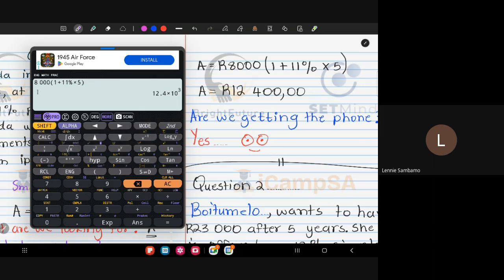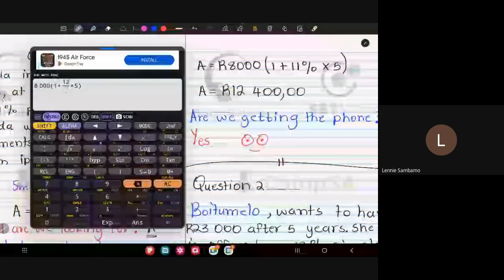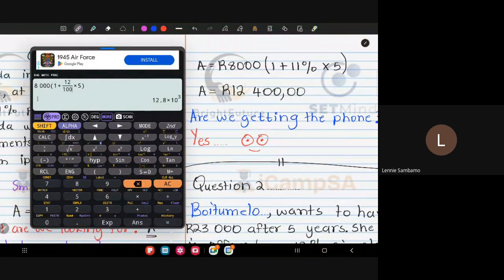But if I don't want to use the percent, then what I need to do is put in a fraction, 12 over 100, and the answer which we get is the same.